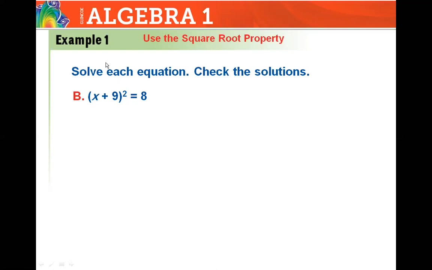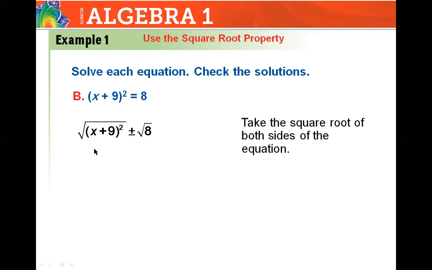X plus 9. So you make a square root for the left hand side. Also make a square root for the right hand side. No, pay attention with me. We have here the first step.